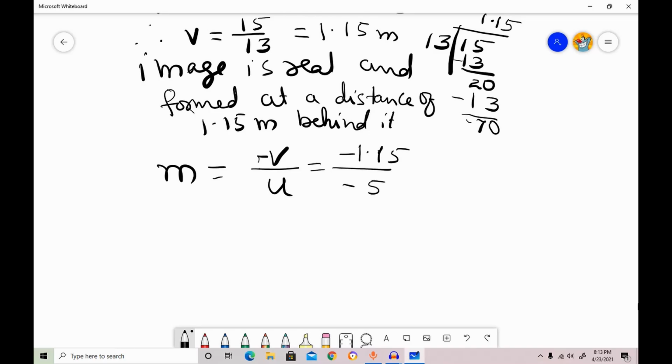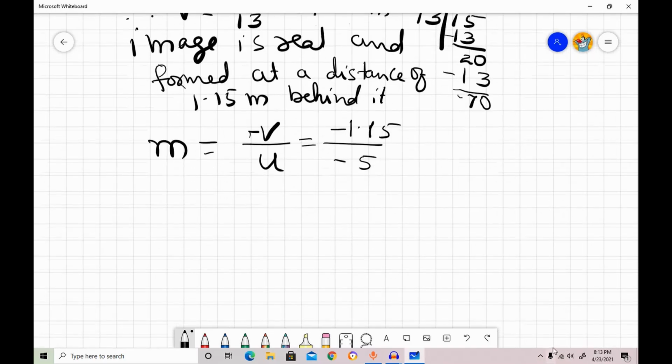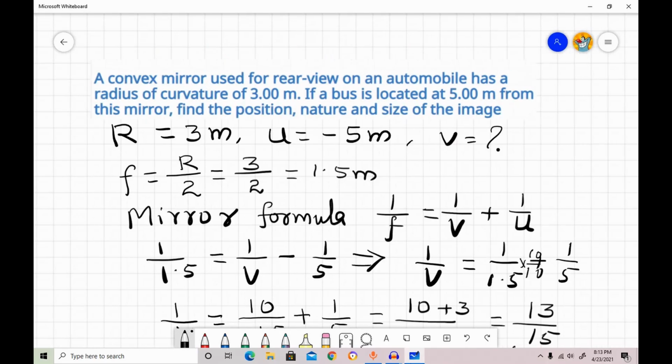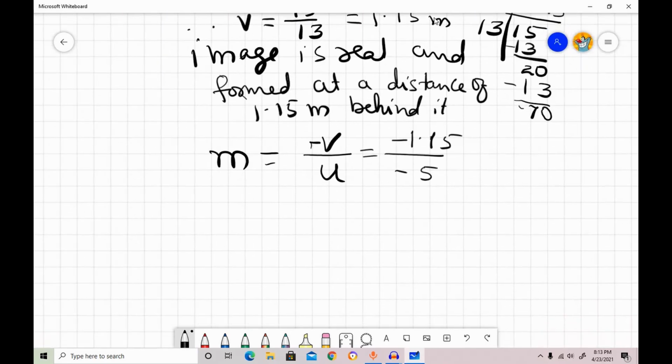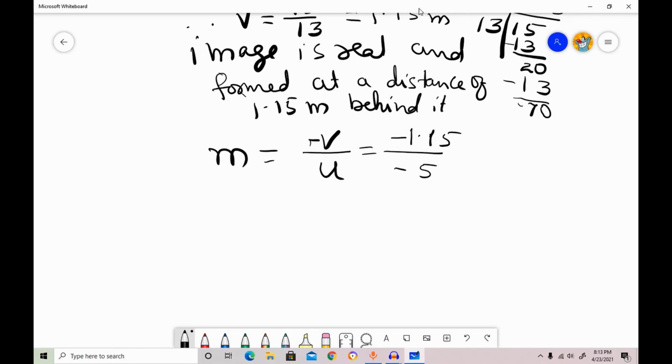See the data, u is minus 5. So here m becomes, minus minus gets cancelled, so it is 0.23. You know that m doesn't have any unit.